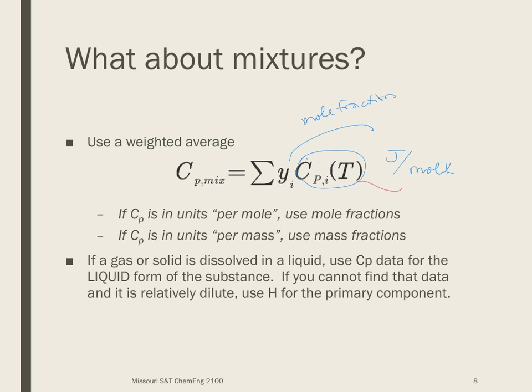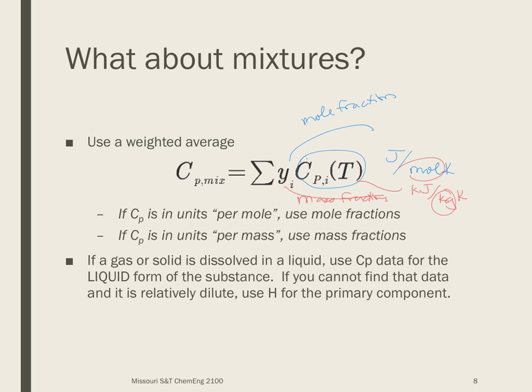If the units are something like kilojoules per kilogram Kelvin, then this would be mass fractions. So use the appropriate type of fraction to match the units for C sub P.